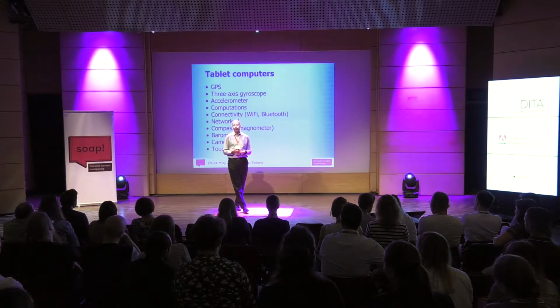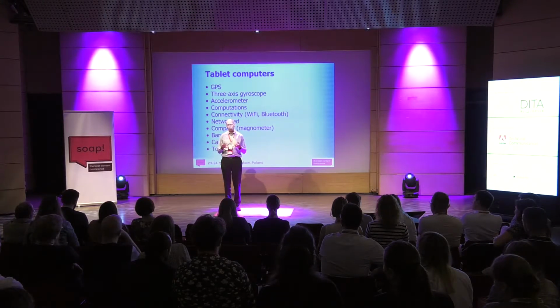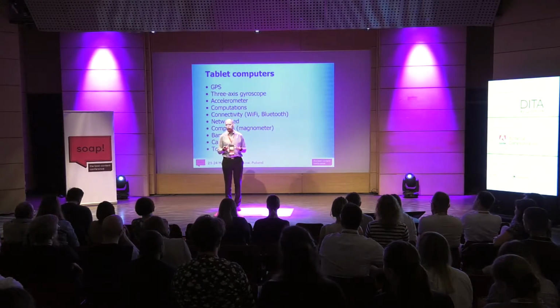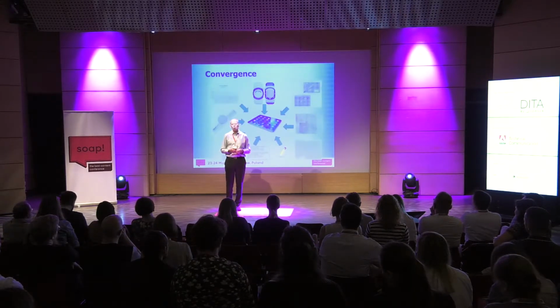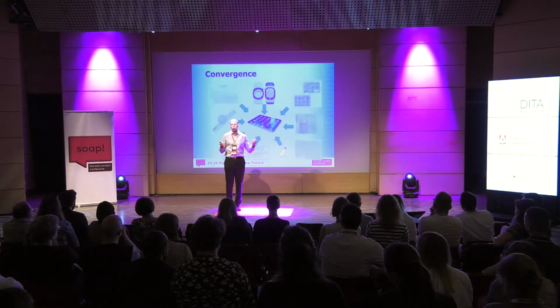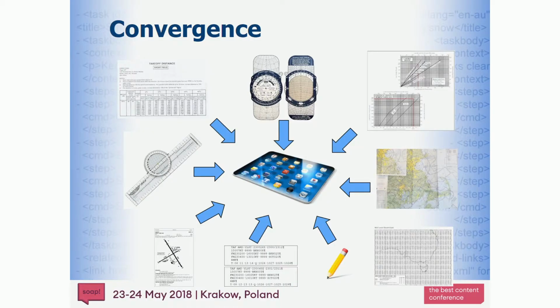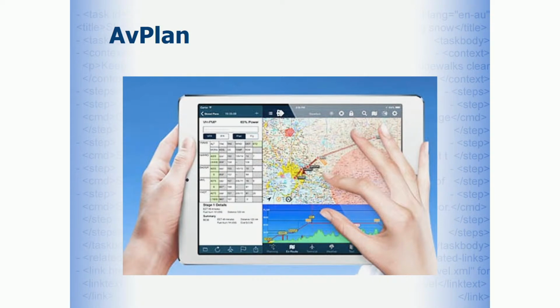So with the arrival of tablet computers, you can probably see where this is going. So we can now find that there's a convergence. So you've got your computers and your maps and your graphs and your plates all being integrated into a piece of software that runs on the laptop or on the tablet computer.